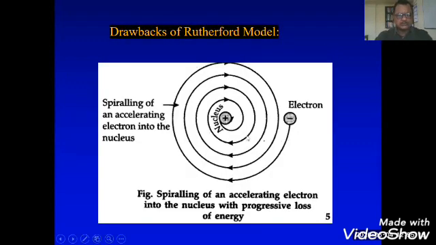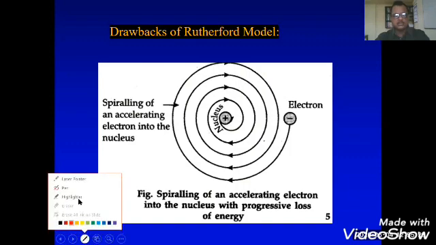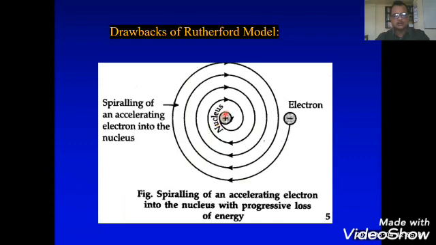Last class we discussed Rutherford's atomic model, which is also called Rutherford's nuclear model of atom, because it was Rutherford who first introduced the term nucleus, and he indicated that each atom contains a heavy positively charged body called the nucleus at the center, and around the nucleus the electrons revolve.